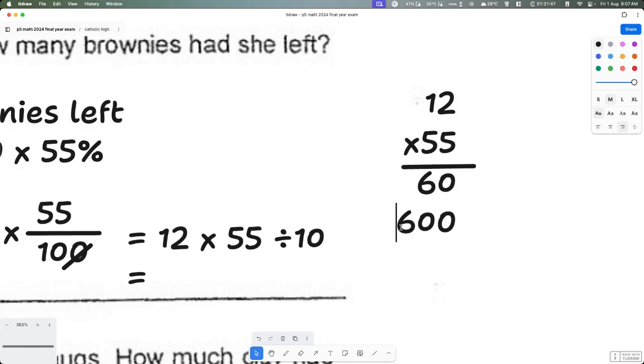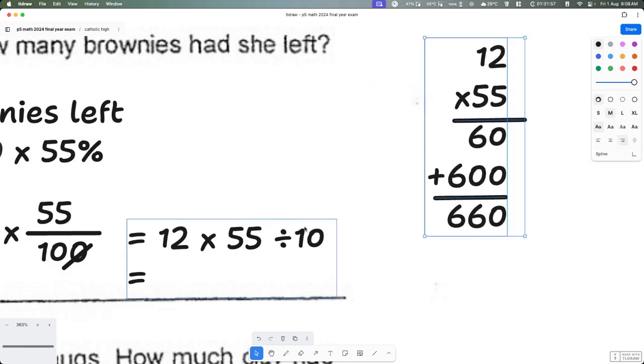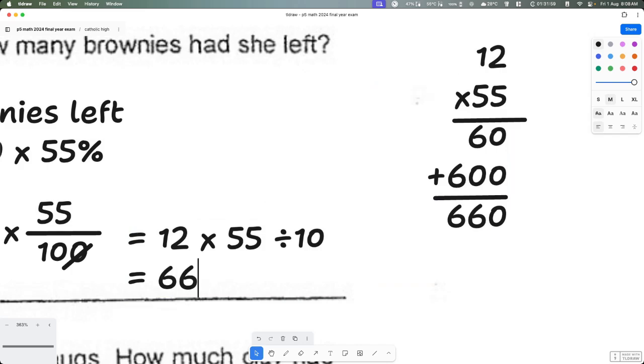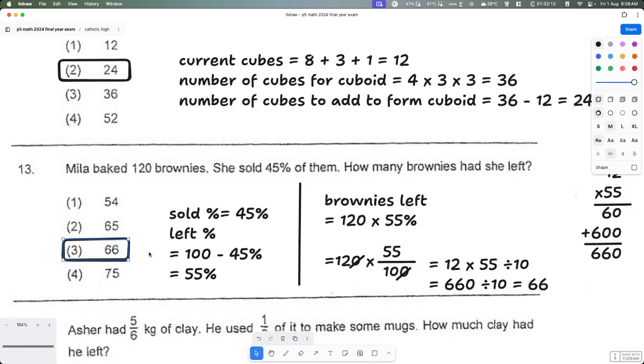If you add them together, this gives us 660. That's what you see over here. From here you can see the answer 660, and then we divide by 10, and this gives us 66. Therefore, always double check your answer. The answer for question 13 is 66, which is option 3.